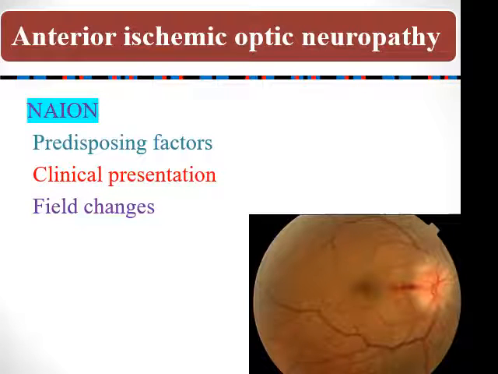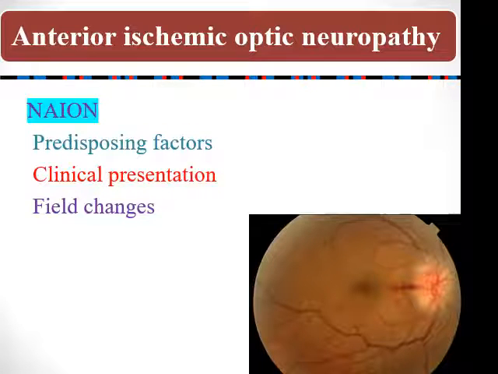The typical clinical presentation is sudden, unilateral, painless diminution of vision. The dyschromatopsia is usually proportional to the loss of vision in cases of non-arthritic anterior ischemic optic neuropathy, contrary to cases of papillitis.